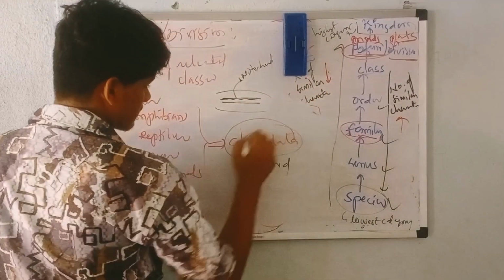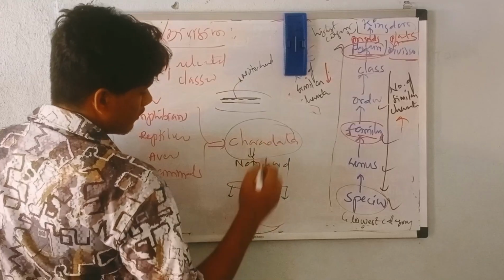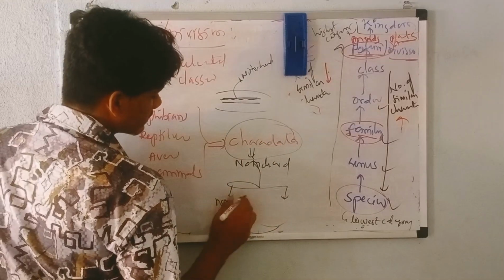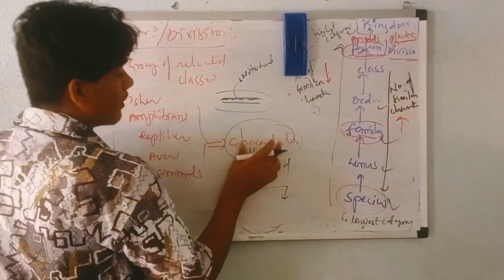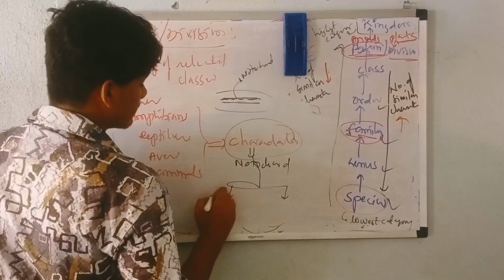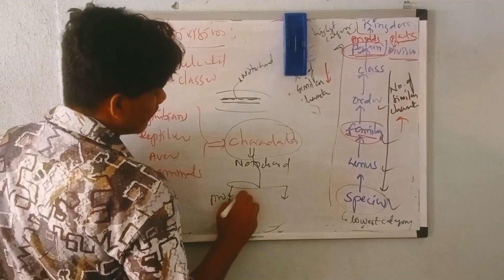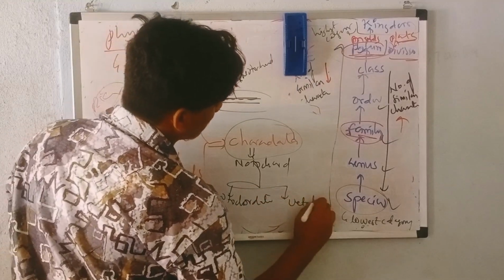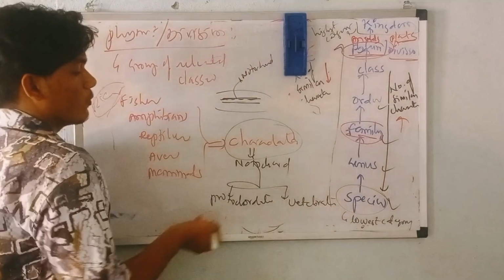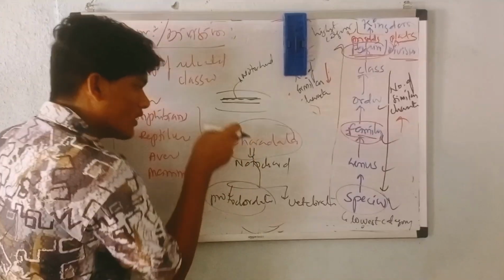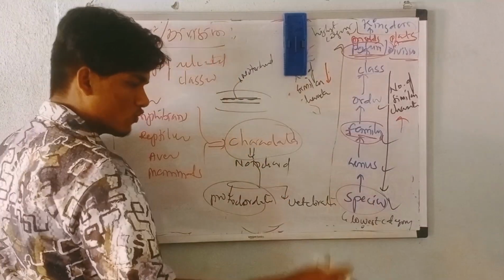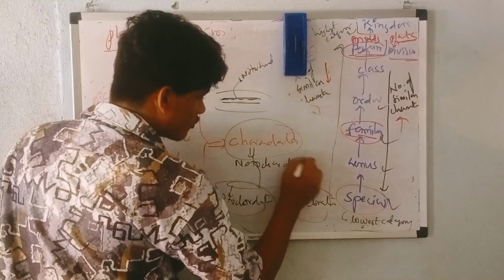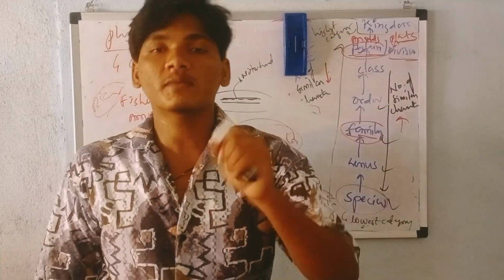Chordates are of two types: one is protochordates and one is vertebrates. In protochordates the notochord is present as a notochord, and in vertebrates the notochord is modified into the vertebral column.